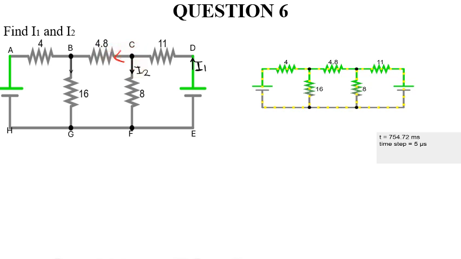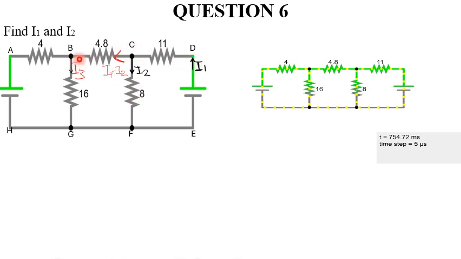Let's name this one I3. So here will now become I1 minus I2, because it's leaving. It's this I1 that split into this and this.